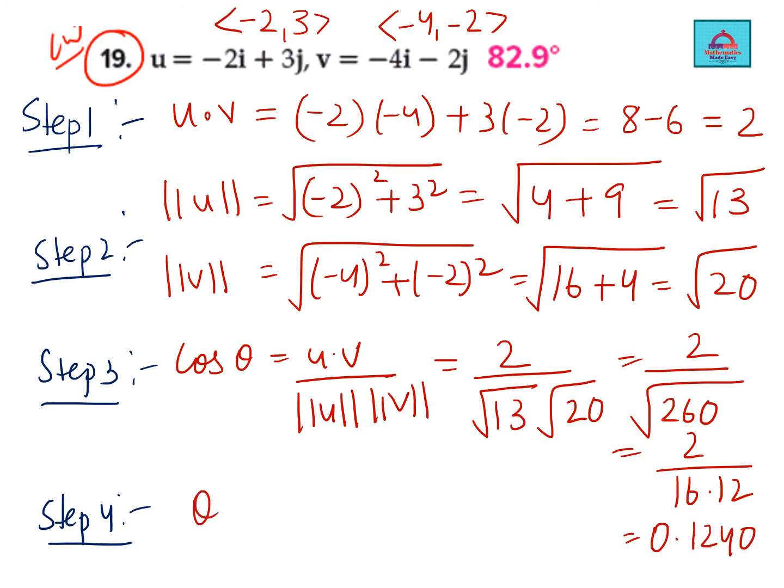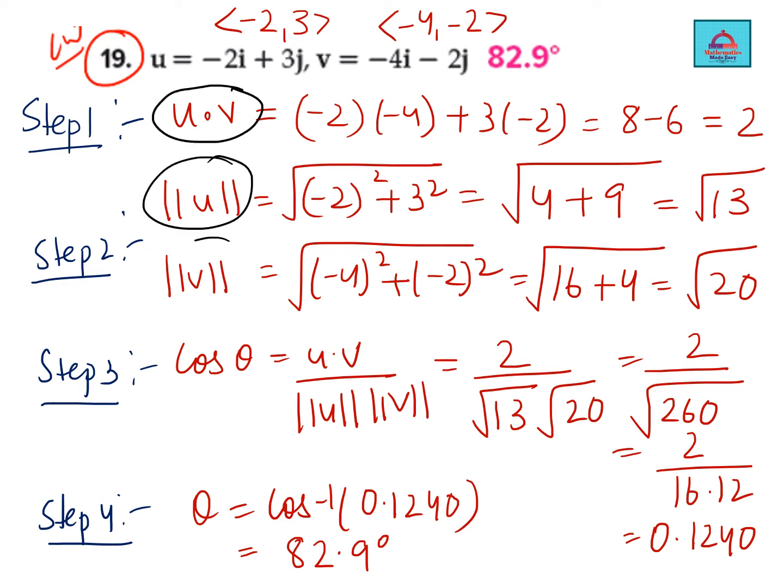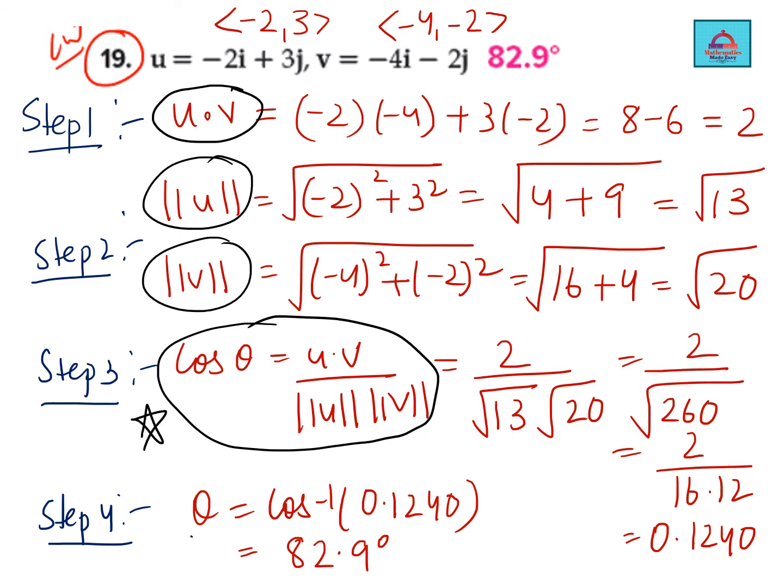So now the last step is to take cos inverse of this number, and it will come out to be 82.9 degrees. So I hope you have now been more comfortable in finding the angle. These are the major steps that you should be following. Learn this formula, it's very important, and then use your calculator to get the final step.